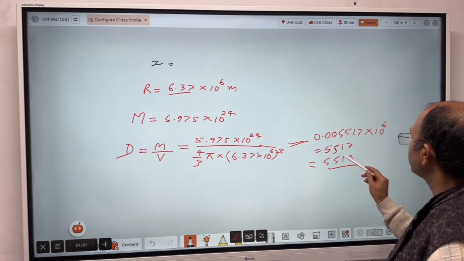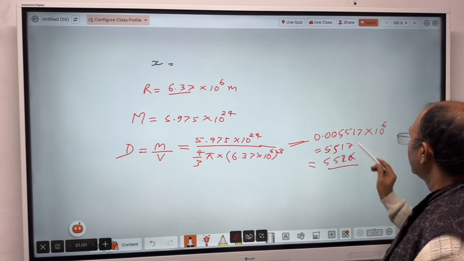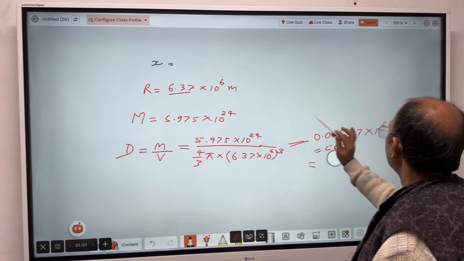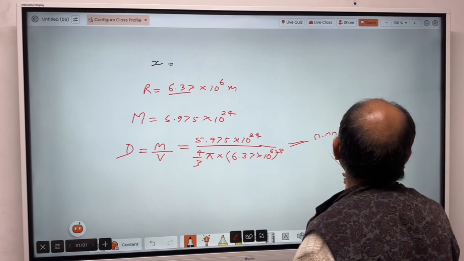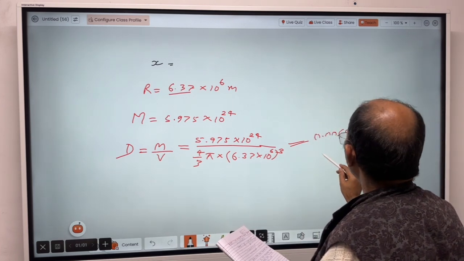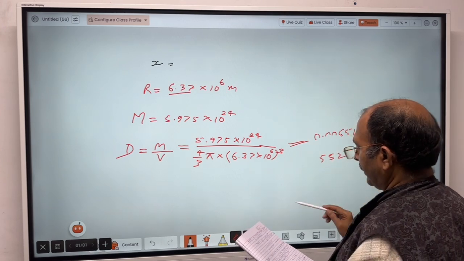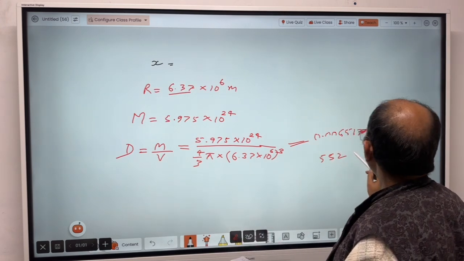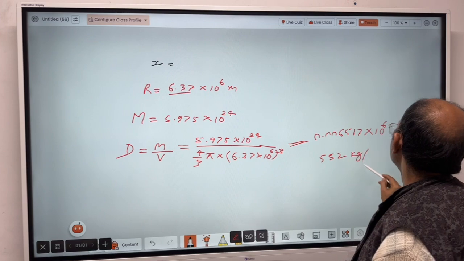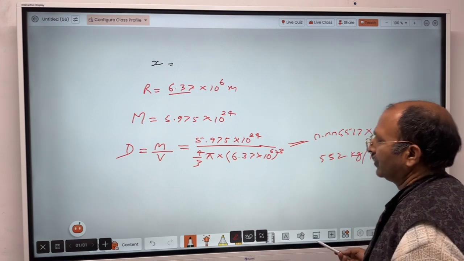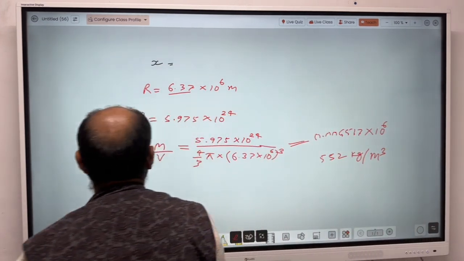Since 7 is more than 5, this will become 2. So we can do the correction. It will become 552, and the unit is kg, density we are finding, kg per meter cube. I think there is no problem.